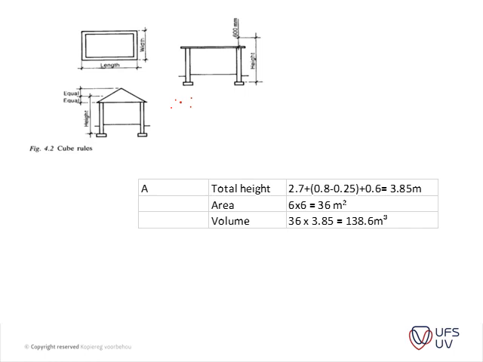Using the information that we've got, we assume that it is a concrete roof, and thus we're going to use 600 millimeters above our roof height.